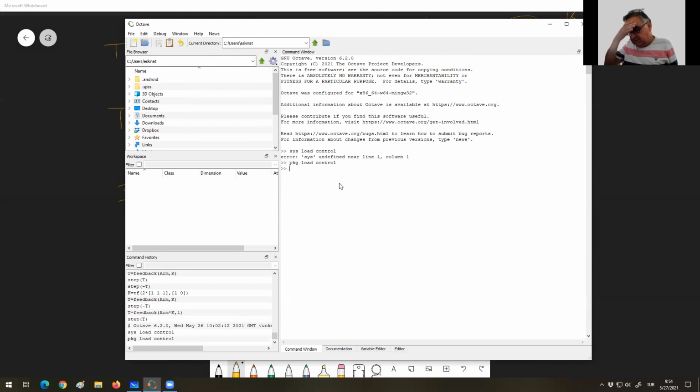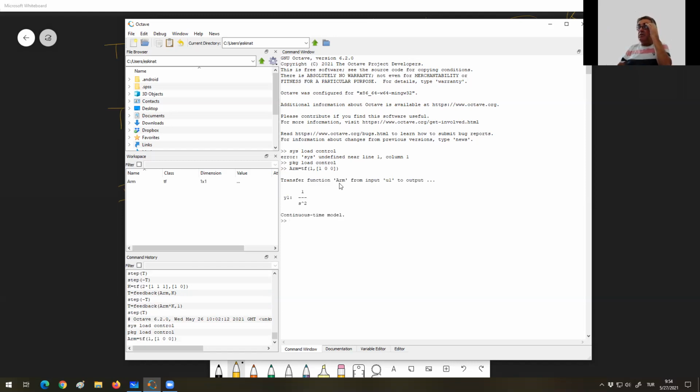Now, our system, as you might remember, the arm is the transfer function with the numerator being Kp Km, let's say, sorry, 1, 0, 0. So the arm transfer function is 1 over s squared.